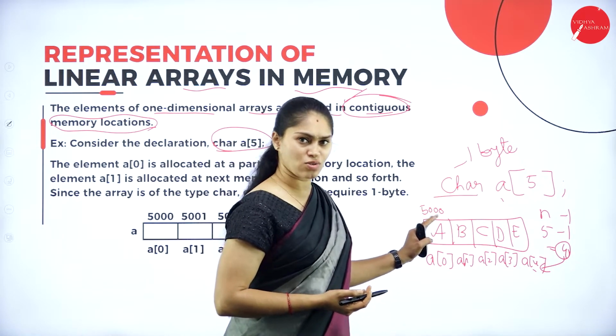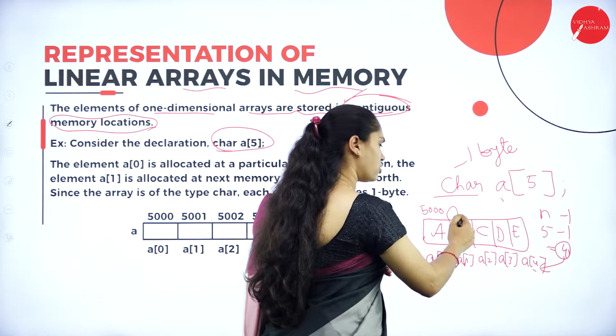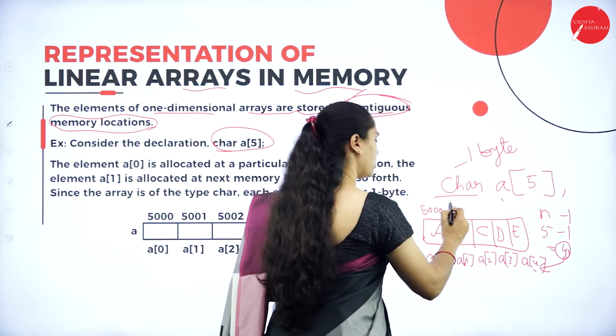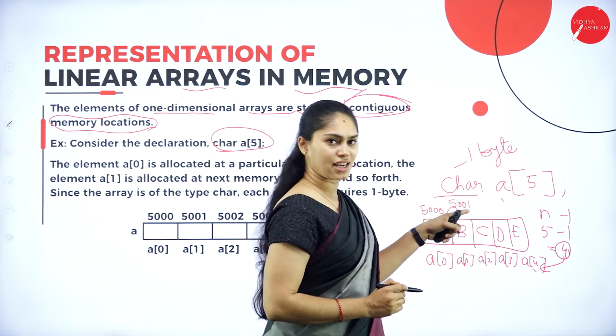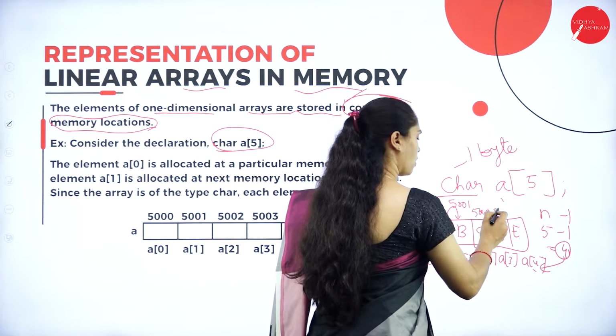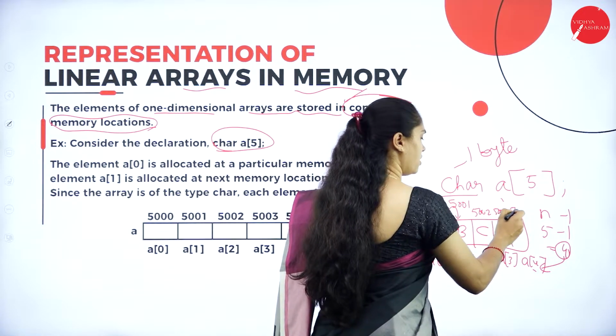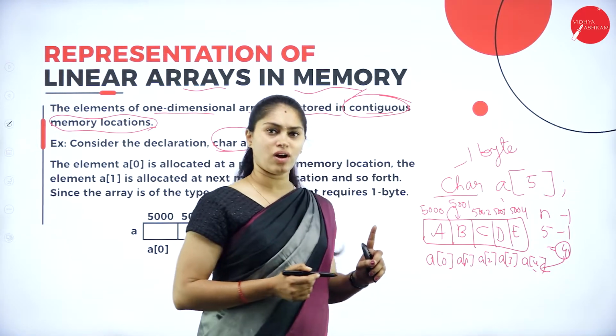If it is 5000 memory address, the immediate next value must be 5001 only. Why? Because this is character data type, and next will be 5002, 5003, 5004.